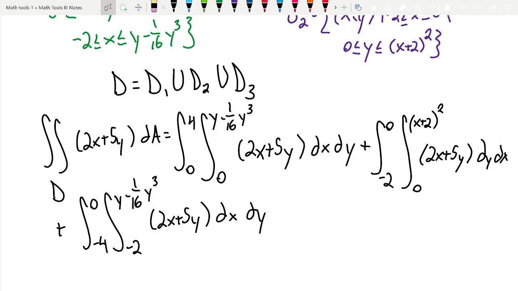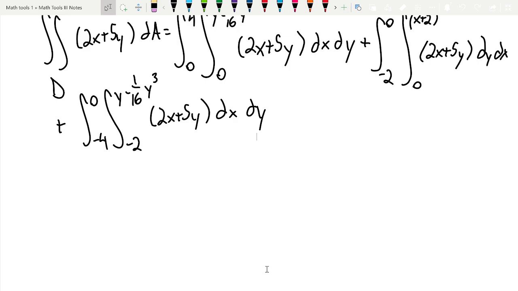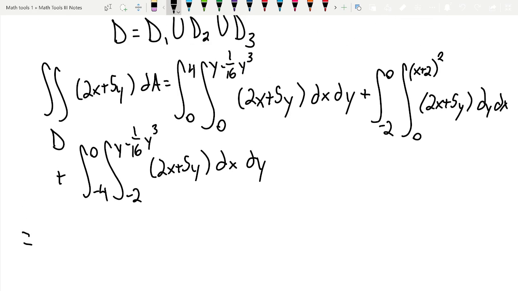So again, the hard part is really just setting up the integral. Now it's just grinding it out. So I'll go ahead and do it. I'll skip over some of the finer details here, and just insert what the answer should be, because again, it's just tedious at this point, right? It's just setting it up that's the big part.